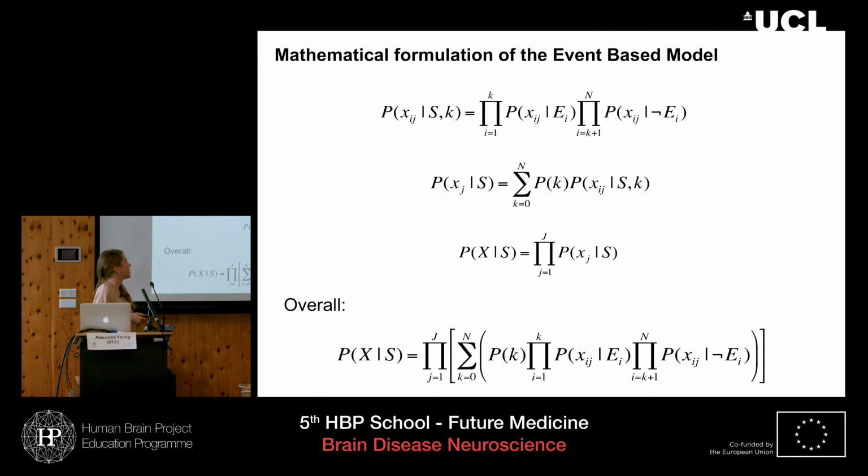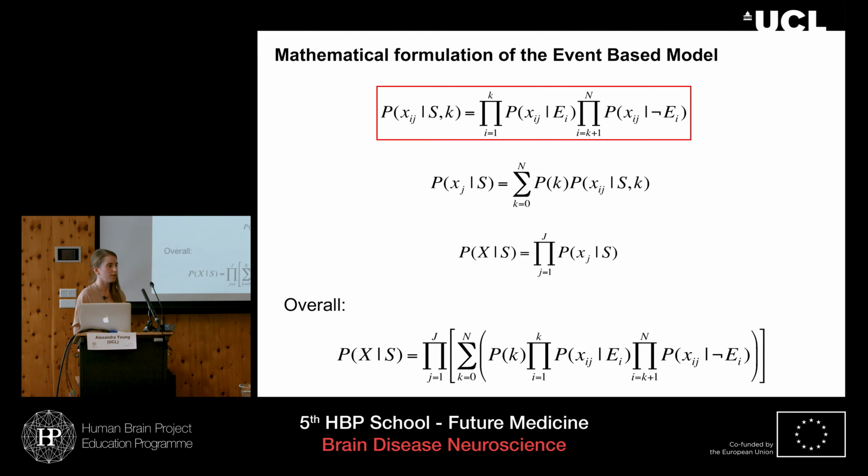We can actually encode this idea mathematically to make a fully probabilistic estimation of this ordering of events. There's a lot of maths here, but I'm going to talk through it step by step. Consider that an individual is at a particular stage along a particular sequence of progression, say they're at stage 1 and amyloid PET is normal, but the other markers are abnormal.